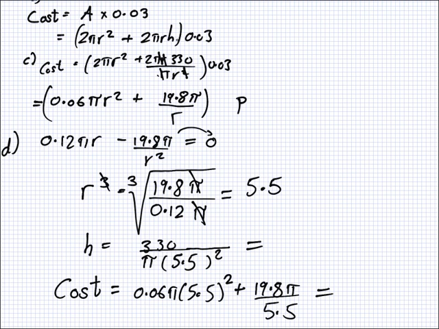Let's see. The answer is different. What did I do wrong? Well, I mean, it might be the same, just in a different form, isn't it? Pi r squared plus 2 pi r h.